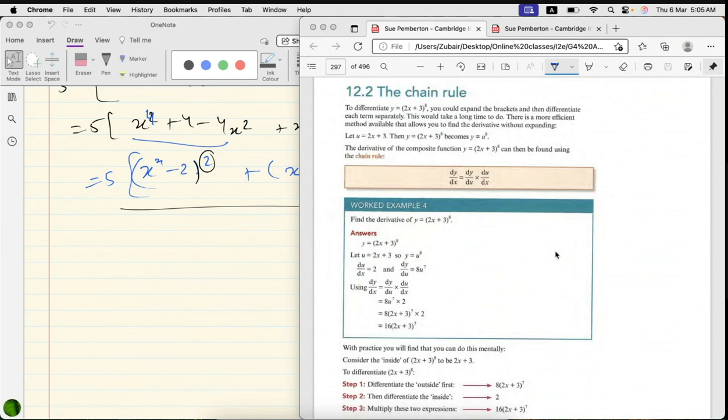Okay. So now we are doing the chain rule. Basically, the chain rule is when we have another variable connected other than x and y.